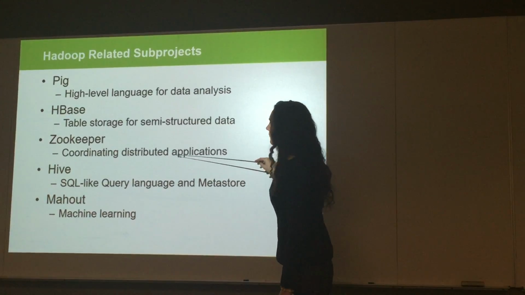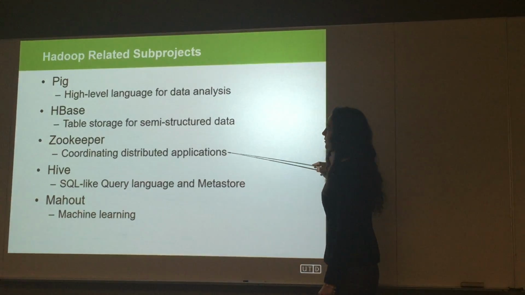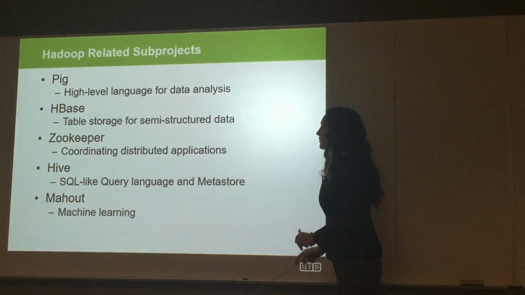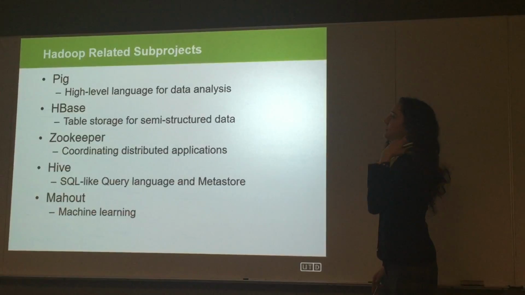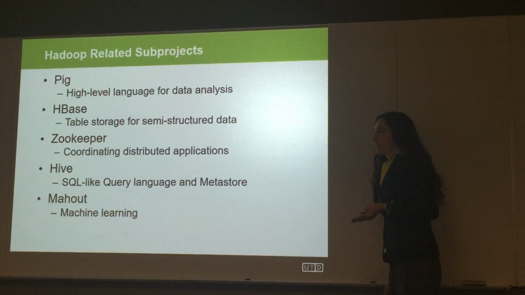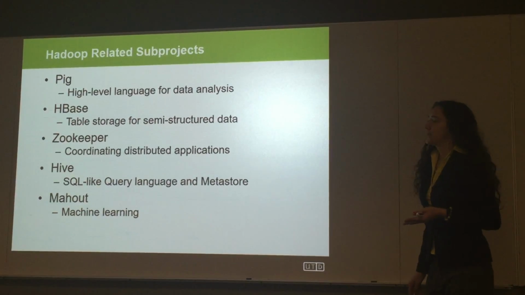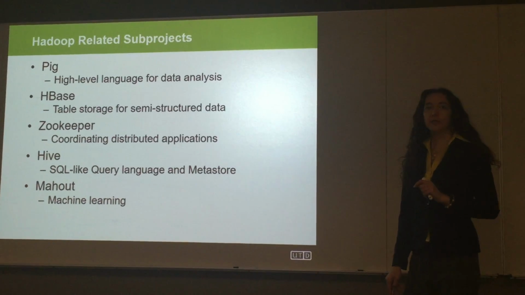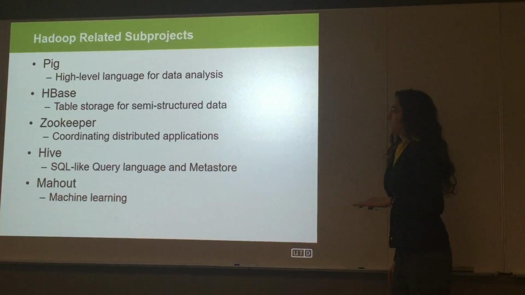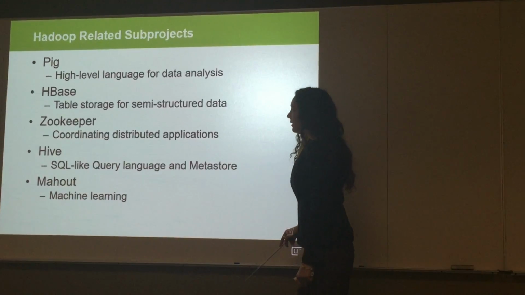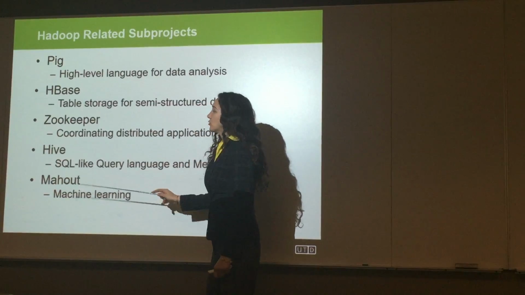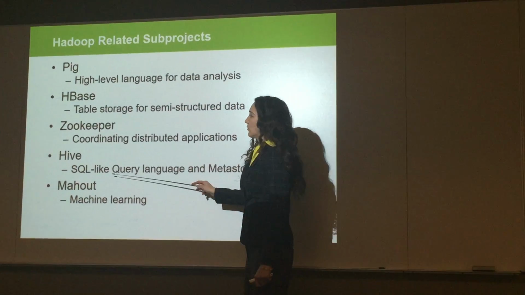Zookeeper is another platform that runs on top of Hadoop that coordinates distributed applications. It's another platform that speeds up processing and reliability. So it takes care of failed nodes in its own way. Hive is a system where we can load data into tables and run queries on them.